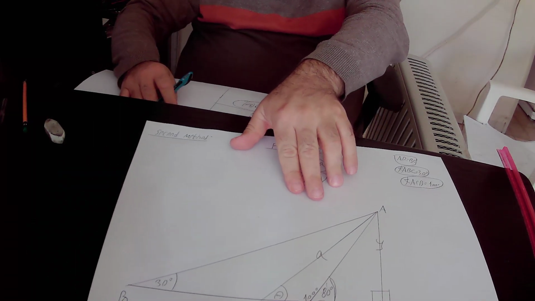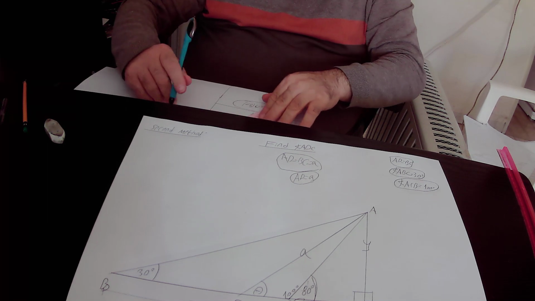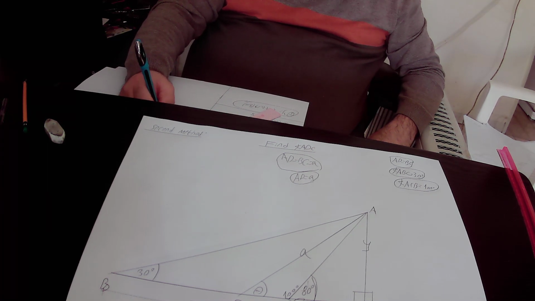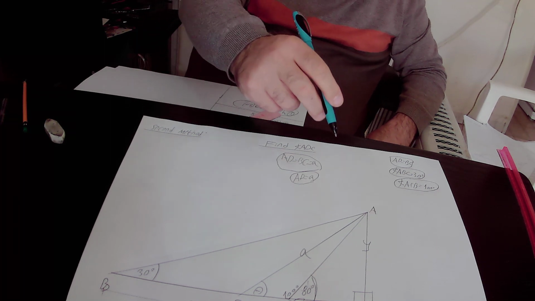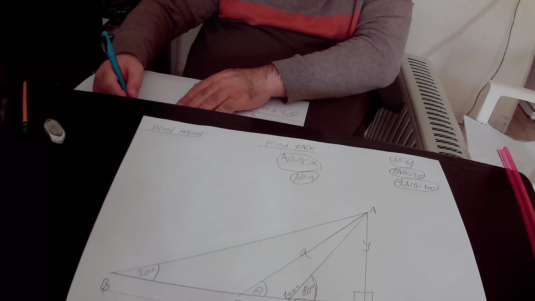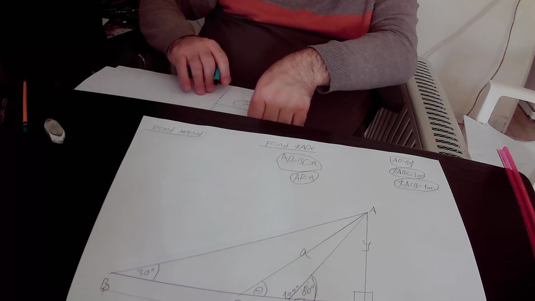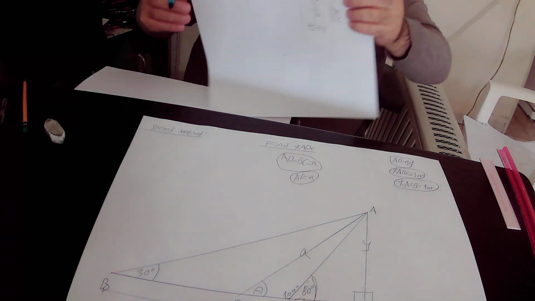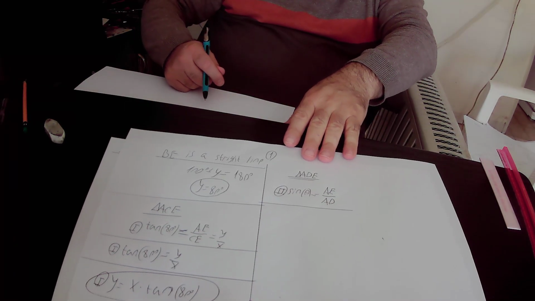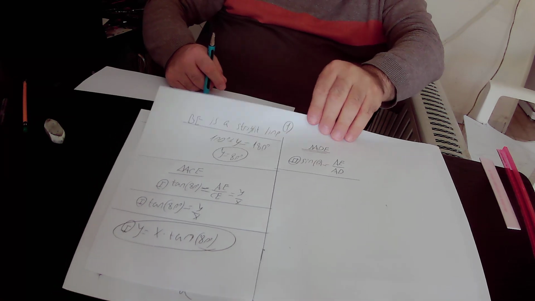So in the right triangle ADE, sine theta equals AE over AD.